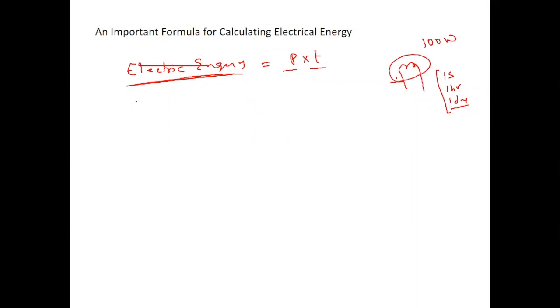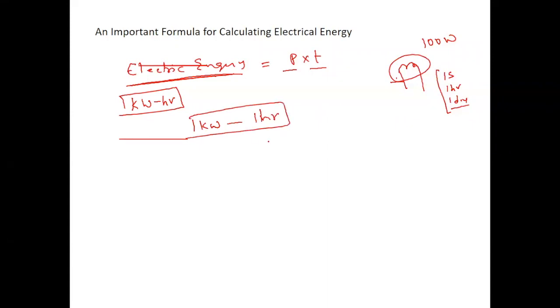The commercial unit of electric energy is kilowatt hour. So we know that 1 kilowatt hour means we consume 1 kilowatt for 1 hour. When you look at the electric meter in your house or in commercial places, there are readings, and it always shows the unit in kilowatt hours.